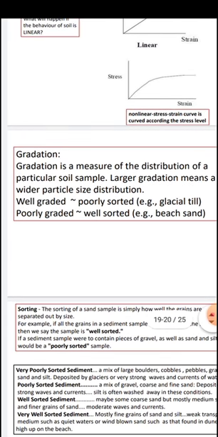Then we have gradation. What is gradation? We talked earlier that when we have a mixture of different types of soil properties, of different soil textures, it will be called a graded soil. And more graded soil is going to give us a more consolidated and compacted soil structure.